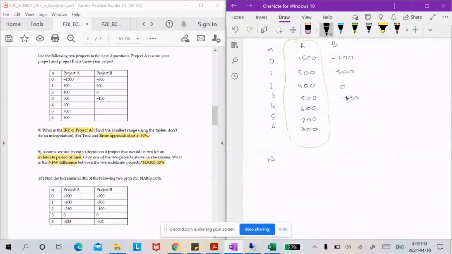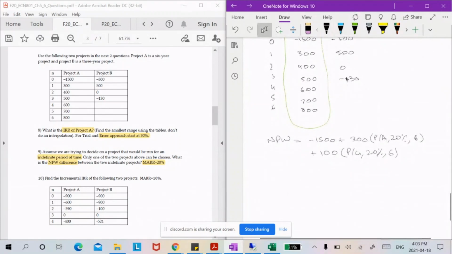This time they gave us the MAR, and we use that. We don't use any I, we just use the MAR. So it's negative 1500 plus 300 find P given A, 20%, and 6 periods, plus the linear gradient, 100 find P given G, 20%, also 6. Let me plug this in.